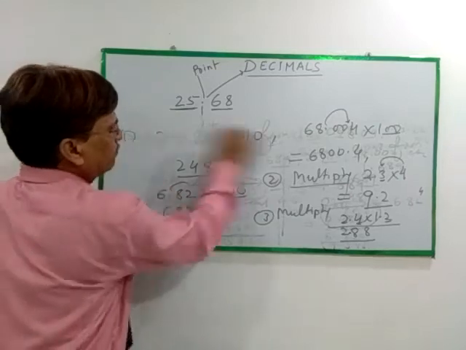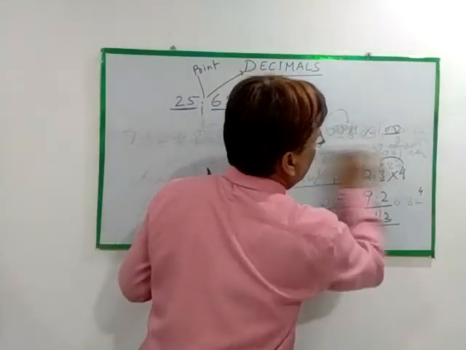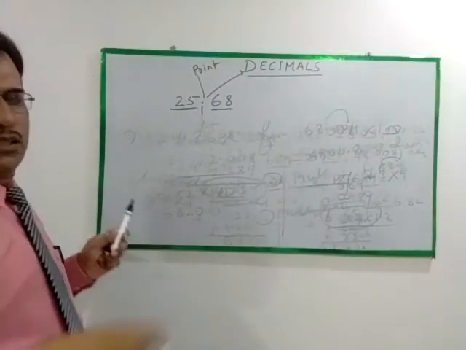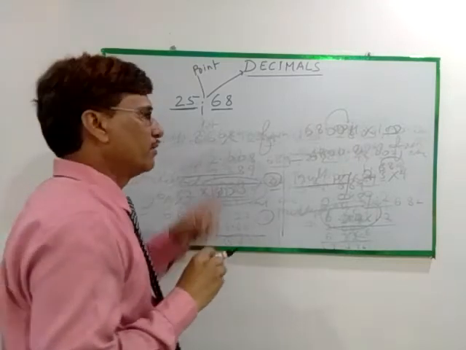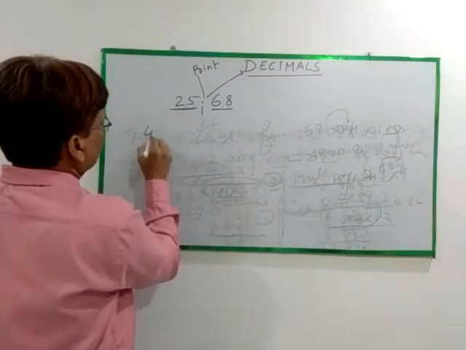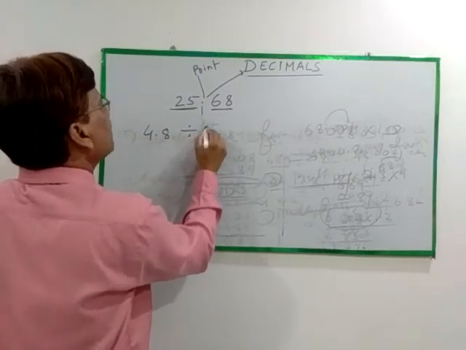Now we will learn division of decimals. 4.8 divided by 10.